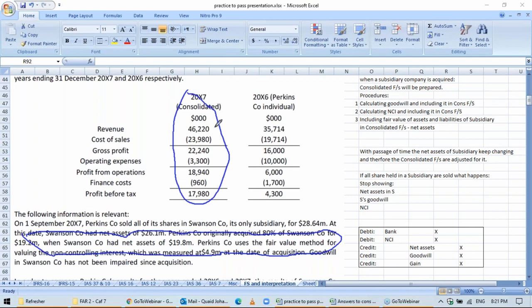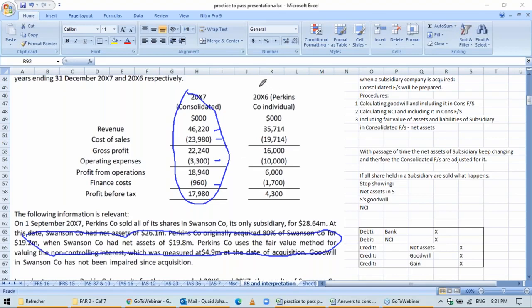So they have not separated the figures. The discontinued operation figures have not been separated from these figures. So you have to separate it and show the continuing operation separately, meaning the Perkins own operation separately, and the subsidiary operations after the net profits from the continuing operations, then we'll add separately to it.